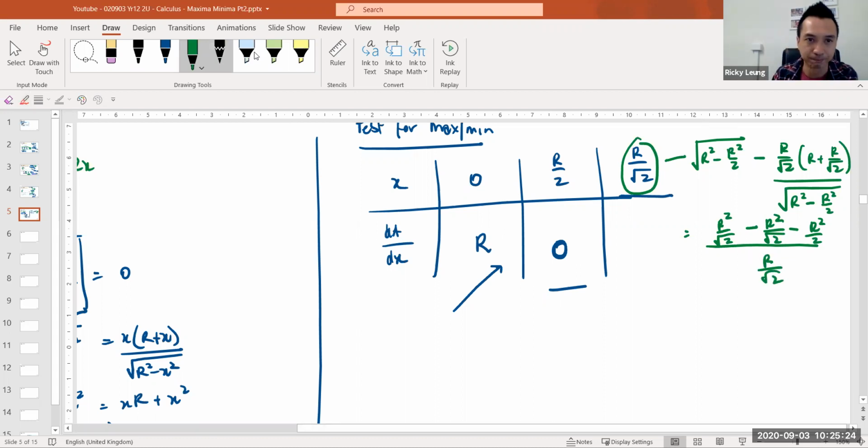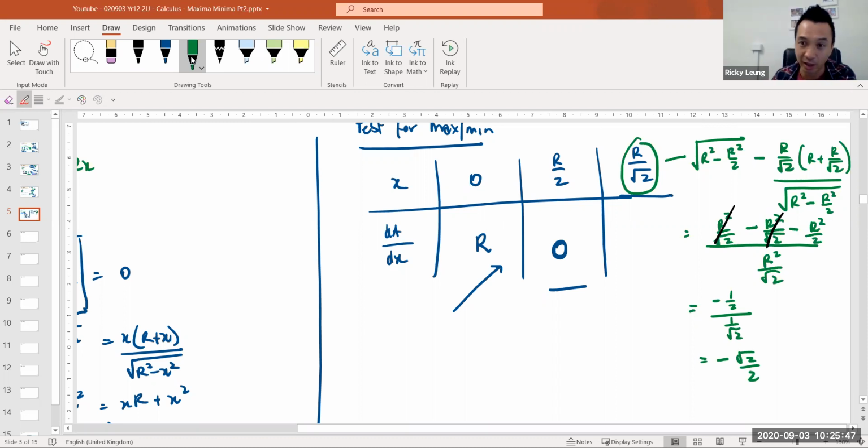Now, check this out. This is cool because I have a situation where this guy goes away. I don't really care what the final answer is, but for your purpose, the r squareds go away, and I get negative a half on 1 on root 2, which is root 2 on 2, negative root 2 on 2.